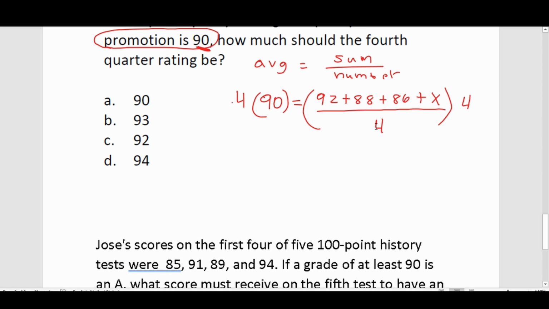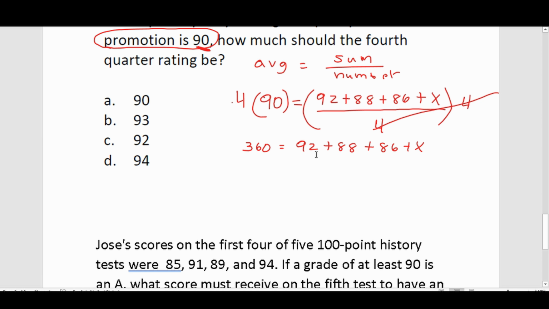By multiplying this by 4, I get rid of the fraction. 90 times 4, of course, is 360. Again, 90 times 4 is 36, just add the 0 onto it. Now we have this: 92 plus 88 plus 86 plus x equals 360.